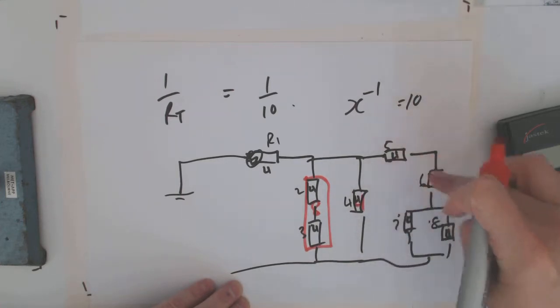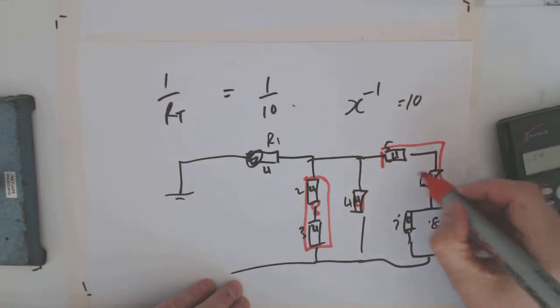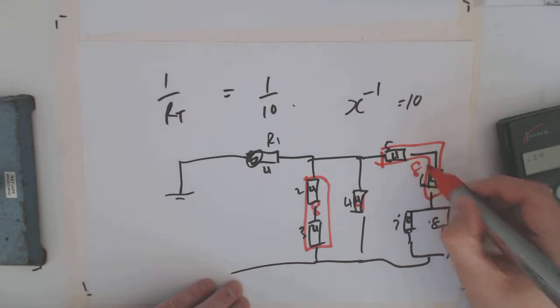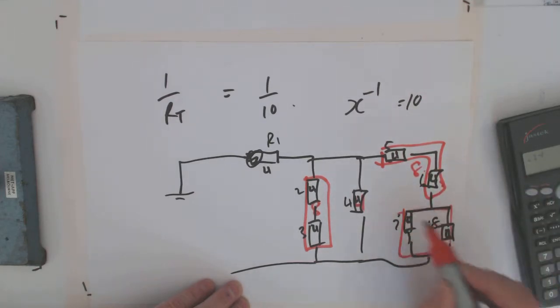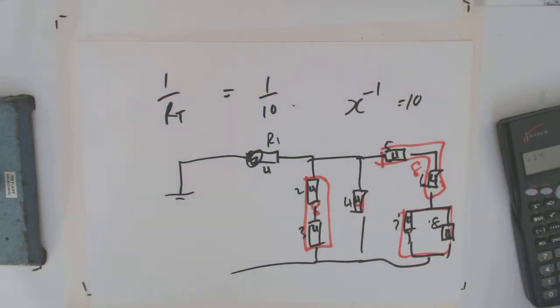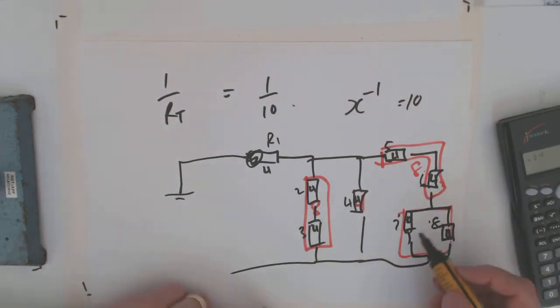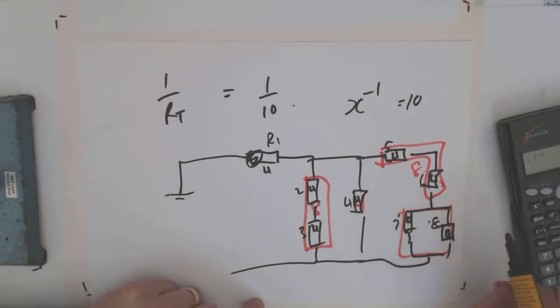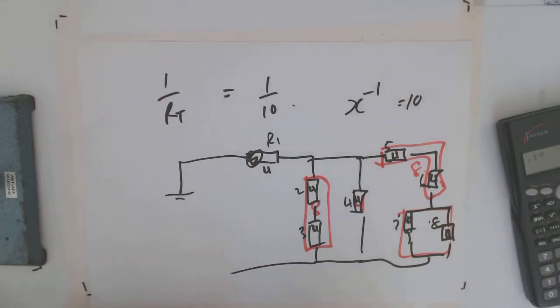That one's obviously 4 and 4, so these two, as they go around the corner here, are 8. But these are in parallel, so I need to do my little formula to make those into one resistor. I go 1 over 4 plus 1 over 4 is 2 over 4, and then we inverse it. So this ends up being 2.